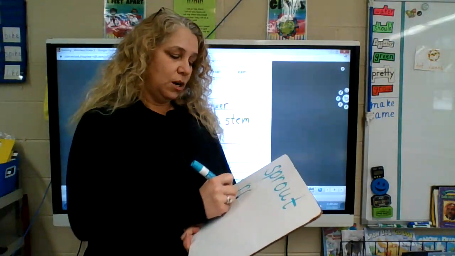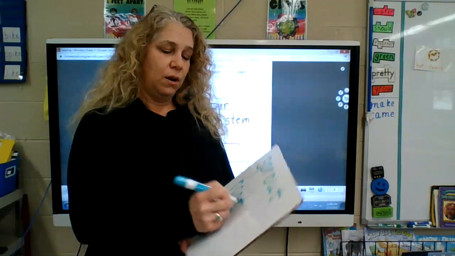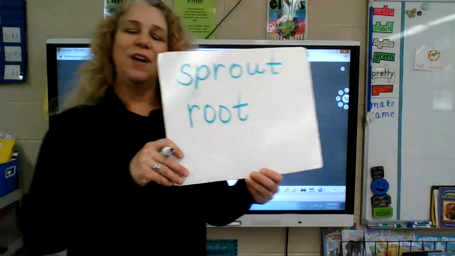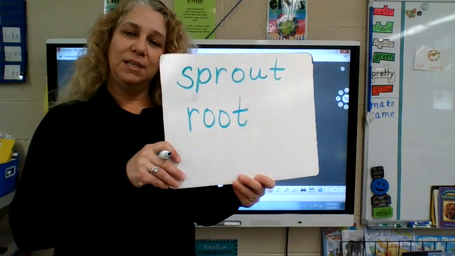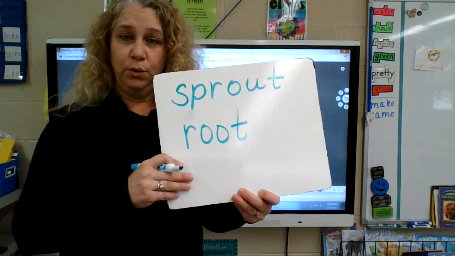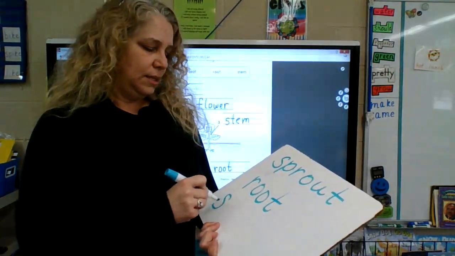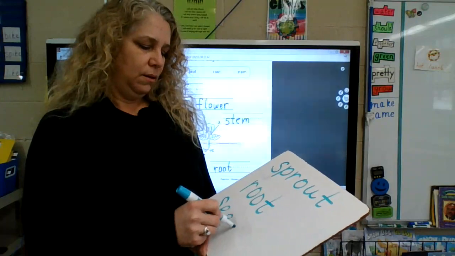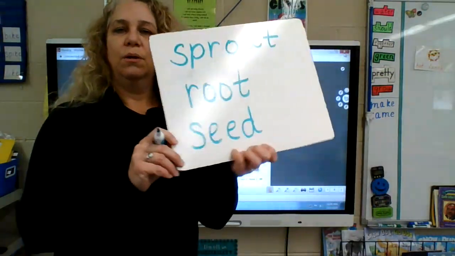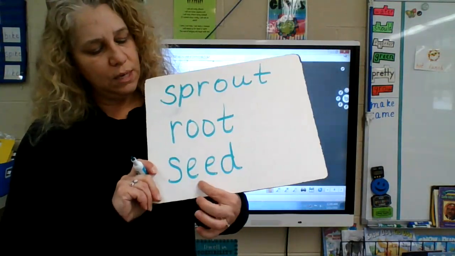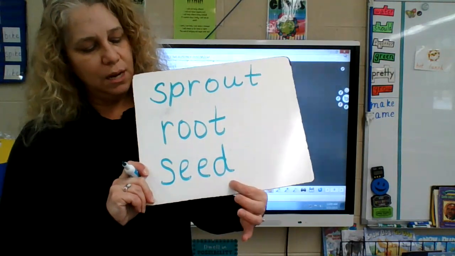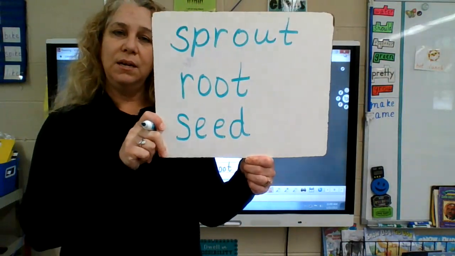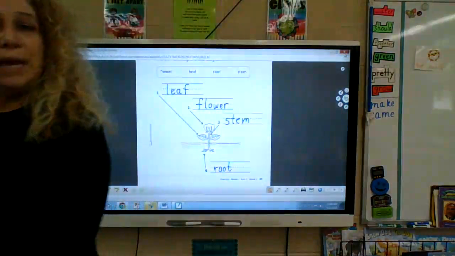Root, what we were just talking about, the part of the plant underground that holds it in place, and sometimes we eat the root. And then seed, another word from the story, seed, 2 E's together says E, seed. We plant the seed for the plant to grow.